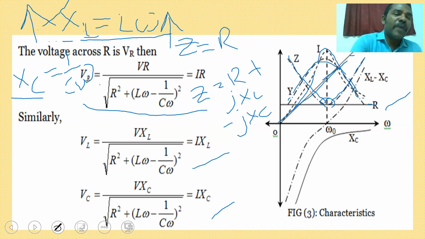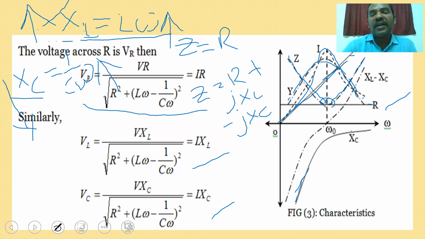As omega increases, the XC value decreases. At the 0 position, XC is at maximum and gradually decreases as omega increases. This dotted line is the XL minus XC value.